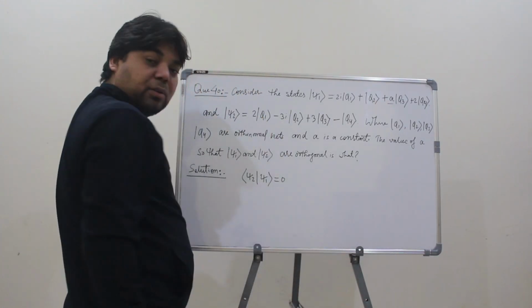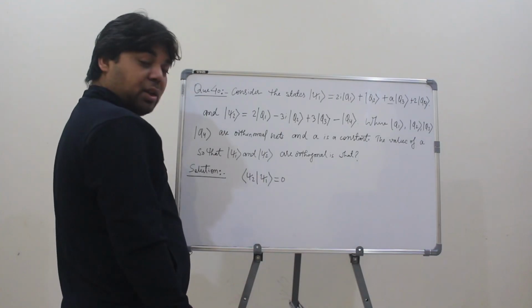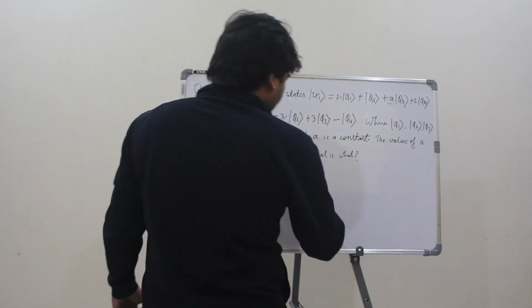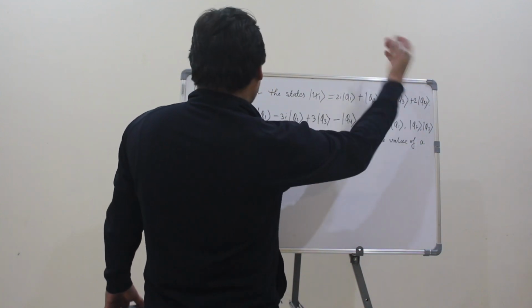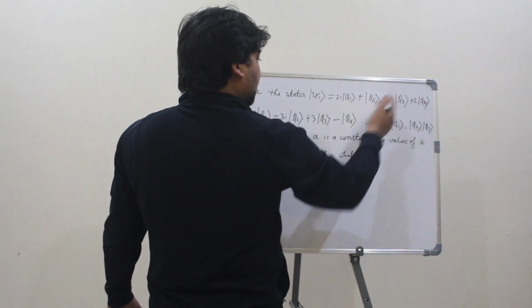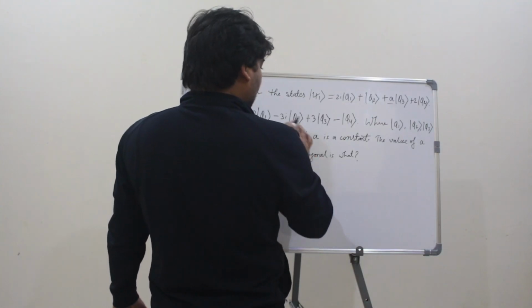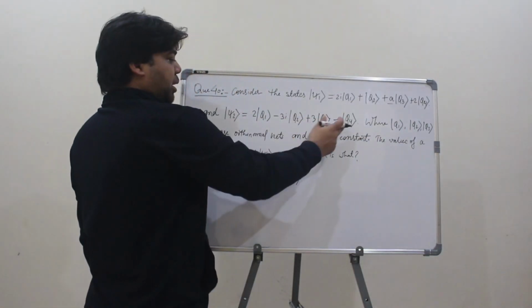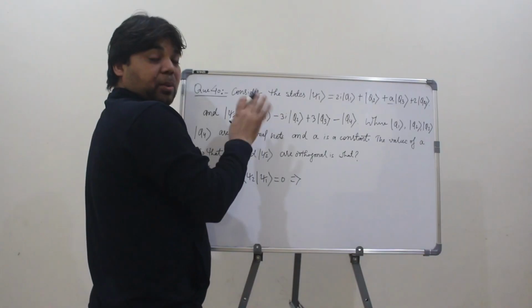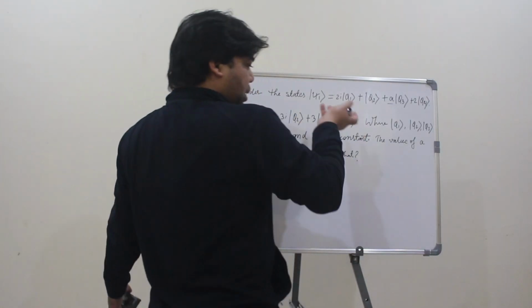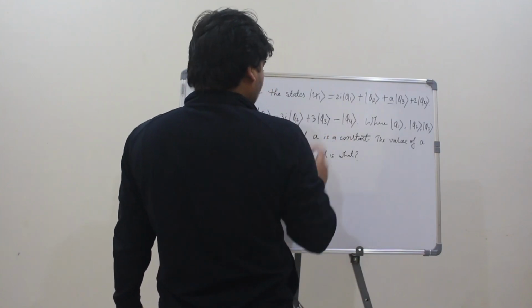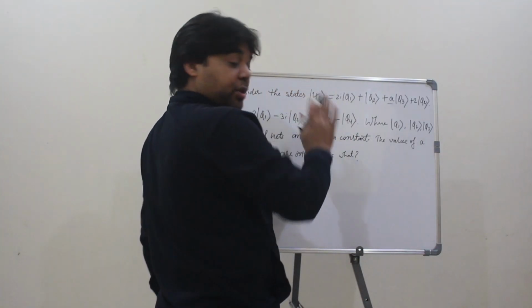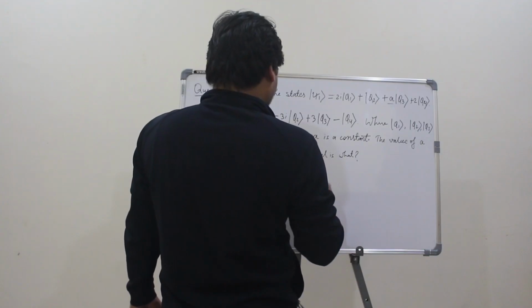Using this condition, let us try to find what A is. Psi 1 is this, and psi 2 is this. Both are kets, both are columns. Now let us change psi 2 into a bra, into a row, by taking its Hermitian conjugate.